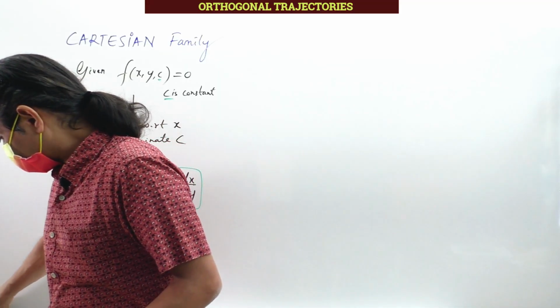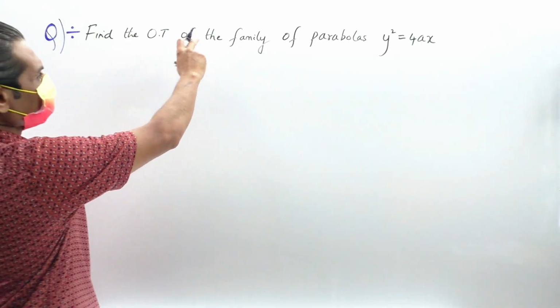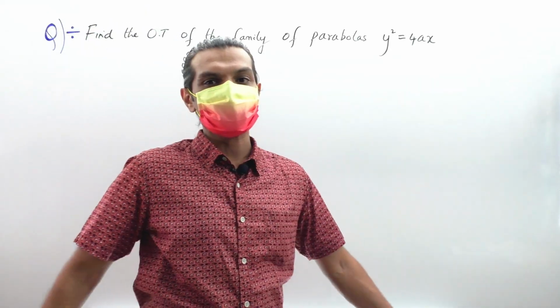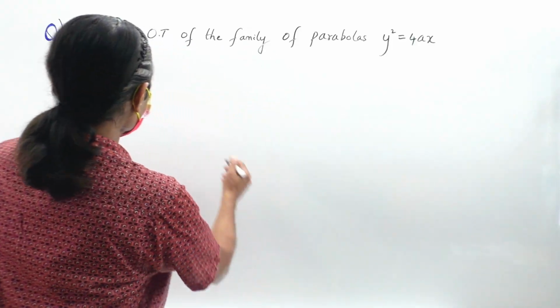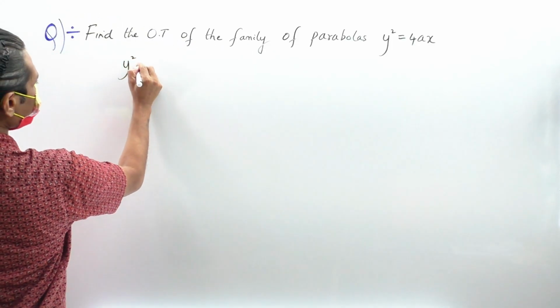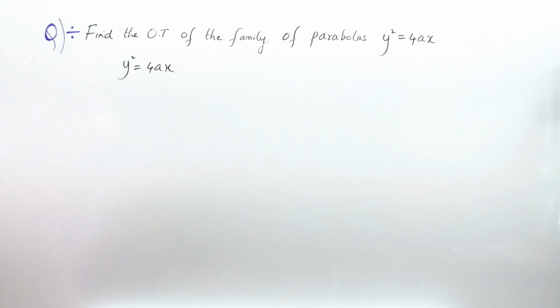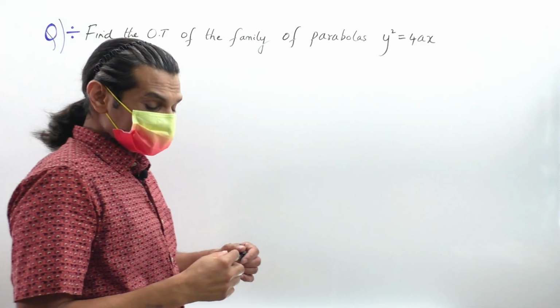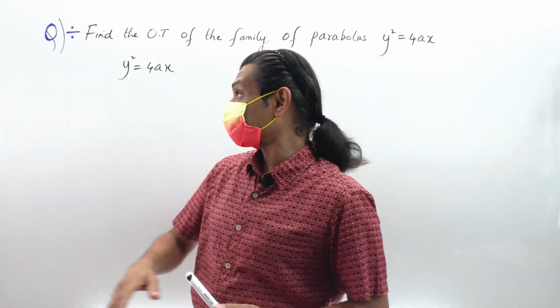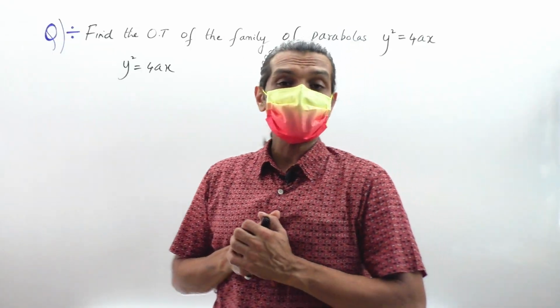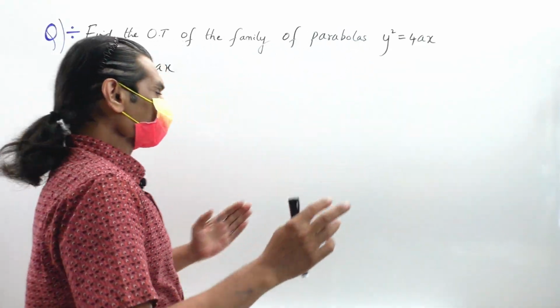So let's take this problem. Find the orthogonal trajectories of the family of parabolas y square is equal to 4ax. A very simple question. If you look at the question, we have y square equals 4ax. It's a Cartesian family. Now we need to first differentiate and remove the constant a. Here a is a constant. So see, one way is I can differentiate it.